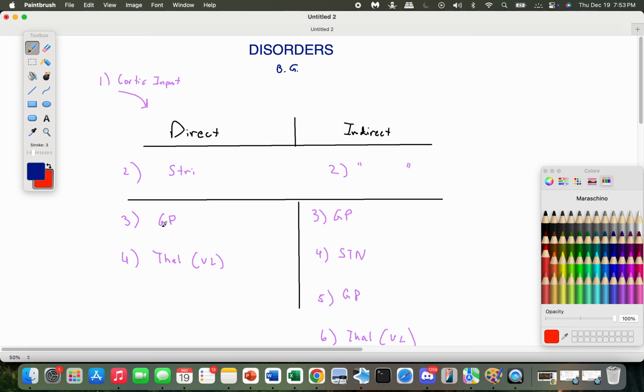So let me just fix this really quick. Because again, GPI talks with the thalamus, and GPE is going to talk with the subthalamic nucleus. All right. So we're talking about the disorders. The first disorder that you need to know is Parkinson's. And I'm going to put Parkinson's right here, and that will make sense in a second.